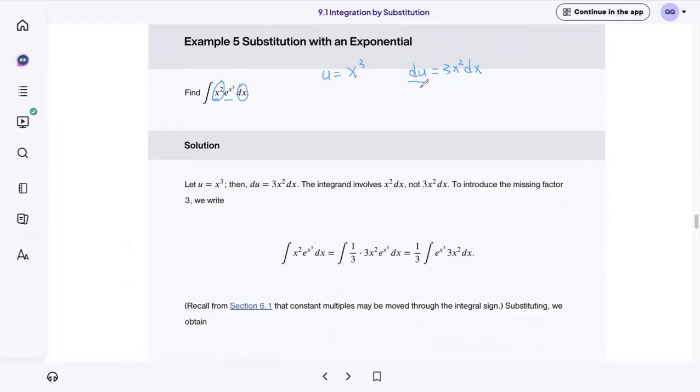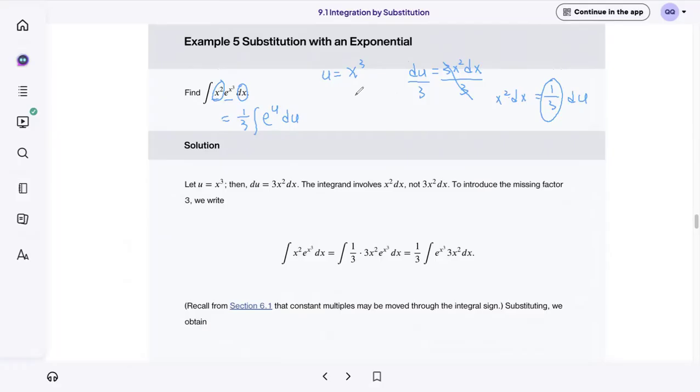So we just divide by 3 on both sides, which means x squared dx equals 1/3 of du. Because this 3 is not in there, let's just introduce 1/3. So we can write 1/3 outside the integration sign, and have e to the u, then du.